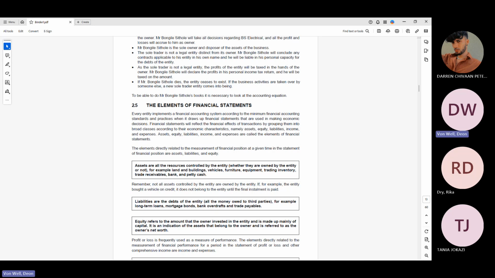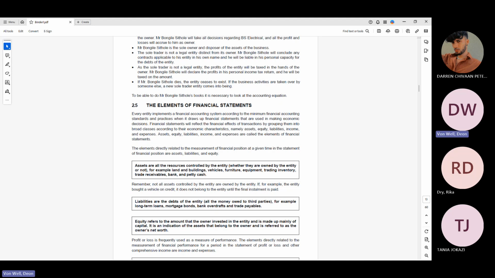And that then forms part of your equity. If you are making a loss, that loss will be deducted from your capital contribution. So that will decrease your equity. So you see, income will increase your equity and expenses or losses will decrease your equity.